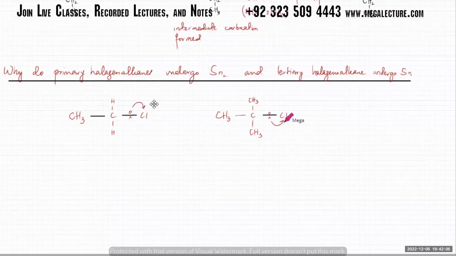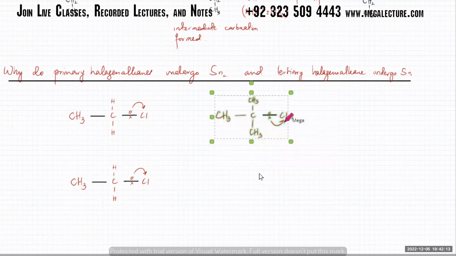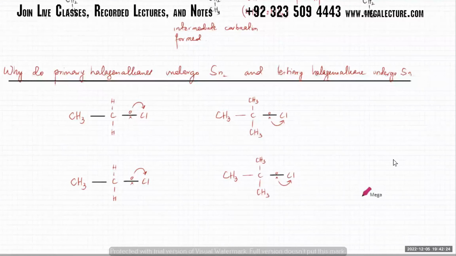Achha, so why is it easier to form the carbocation in the second case? So let's say the Cl has gotten knocked out.